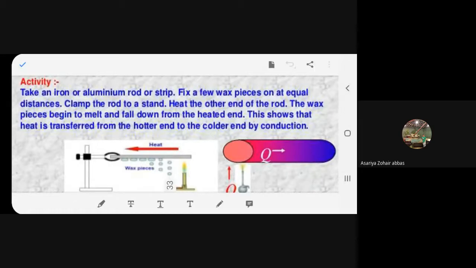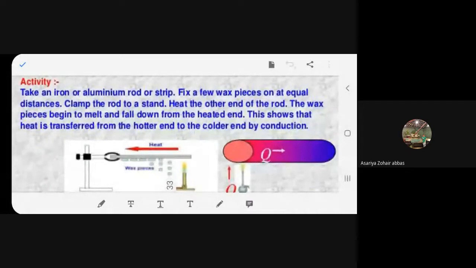Then, to a stand. Heat the other end of the rod. The wax melts and falls down from the heated end. This shows that heat is transferred from the hotter end to the colder end by conduction. Why?